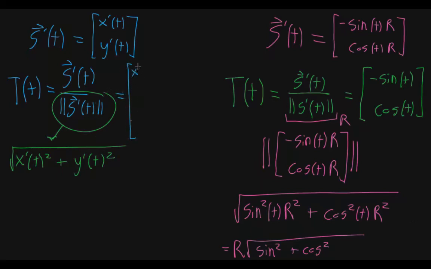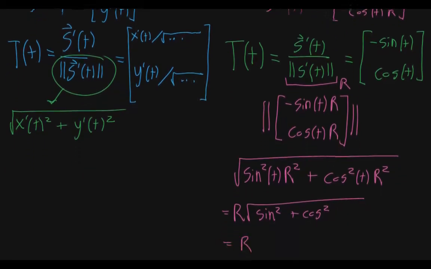Instead, we have x prime of t, which is the x component of our s prime of t, and we have to divide it by that entire magnitude, that whole square root expression. I'm just going to write dot, dot, dot with the understanding that this square root expression goes up there. And similarly, over here, we'd have y prime of t divided by that entire expression again. So simplification doesn't always happen. That was just a lucky happenstance of our circle example.